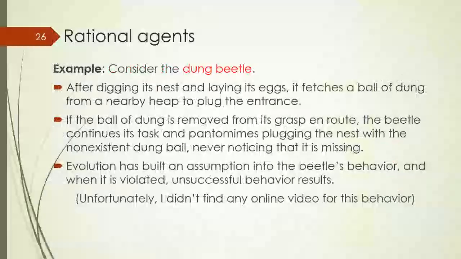Example: consider the dung beetle. This is beautiful. Unfortunately, I couldn't find any video for this, but it is interesting. This insect behaves similar to a rational agent. What does it do? It collects food and takes that food, actually rolling it to its nest where the eggs are.